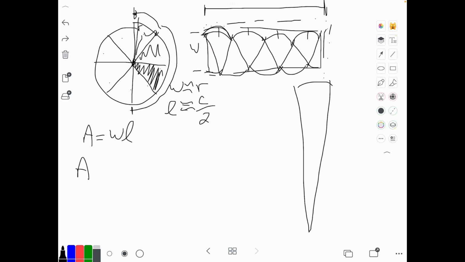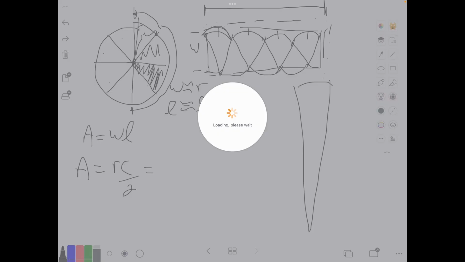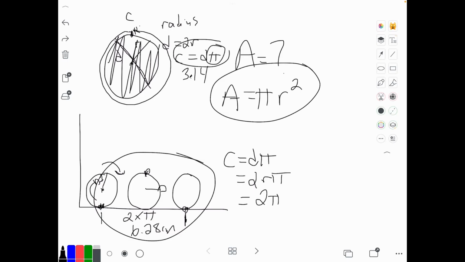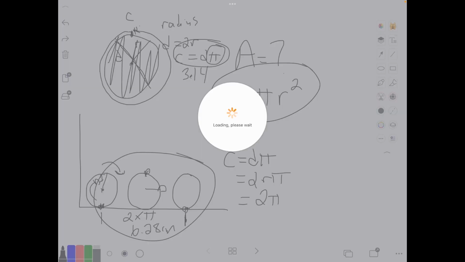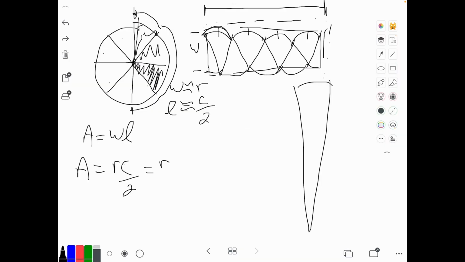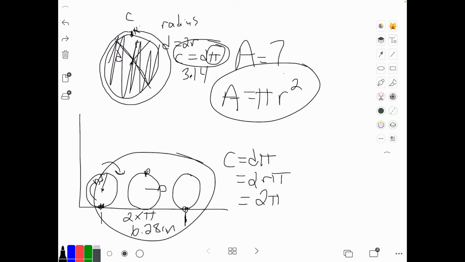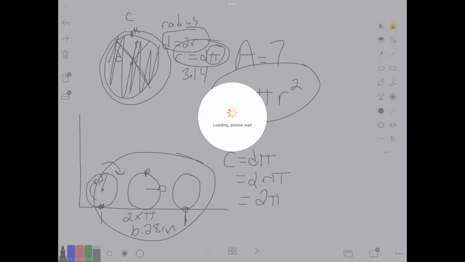Let's say area equals width times length, which we know is r times c over 2. Now c, the circumference, we know is diameter times pi. So we have r d pi over 2. And then we know that d is 2r.